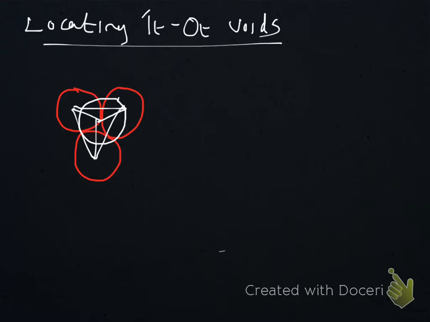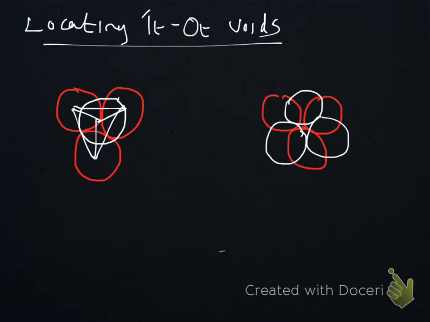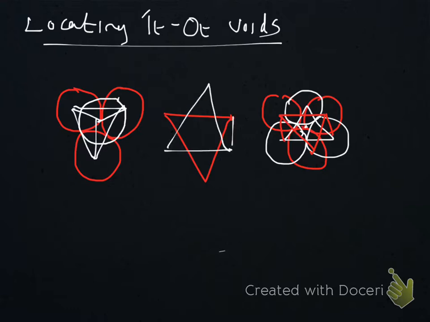In CCP arrangement, in a layer you have 3 particles like this to get a triangular void, and in the upper layer you have 3 particles like this, one here and one here. Between these 6 particles you have a void here. The shape is a triangle, and connecting between them you will get a triangle like this and a triangle like this, connecting these two, that is the square plane of the octahedron.